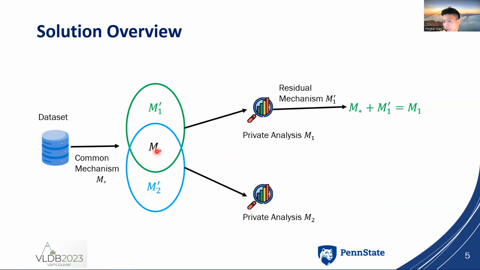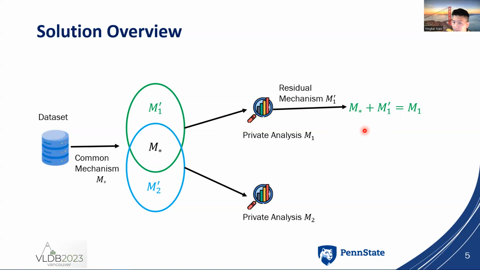So we already have the answer to M star. Then we will spend the remaining part of the privacy budget to answer M1 prime. And we can combine M star and M1 prime, and they are equivalent to answering the mechanism M1.